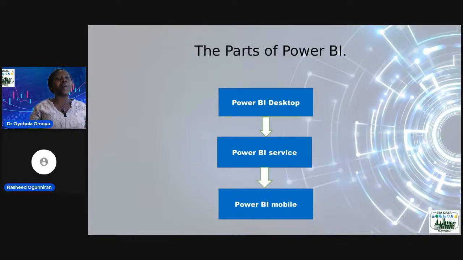So these are the parts of Power BI. They are in three parts. We have the Power BI desktop, the Power BI service, and the Power BI mobile. The Power BI desktop you can use on the web or on-site.